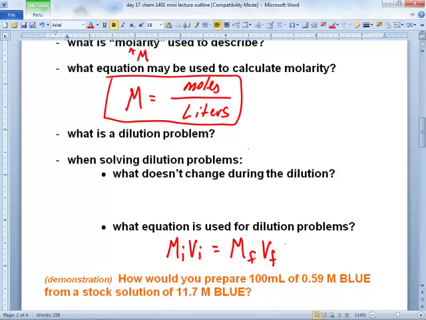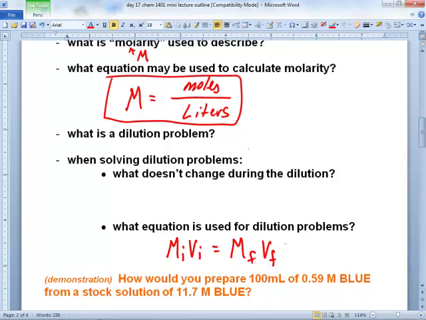Which M is bigger, Mi or Mf? It sounds weird, right? Dilution, you're adding solvent, but the concentration goes down, because now you're dividing. There's more volume, so you have less of the solute spread out over a bigger area. It's always more dilute.